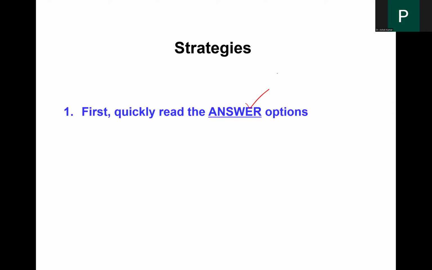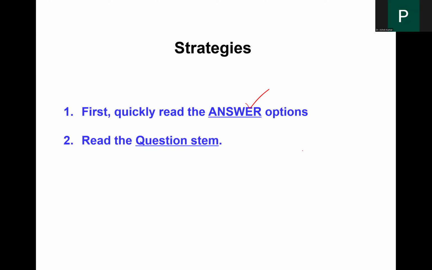So these are the strategies. First, quickly read the answer options. Why is that? Because once you read the answer options, your mind is ready in which direction the question is, correct? Then you read the question stem.